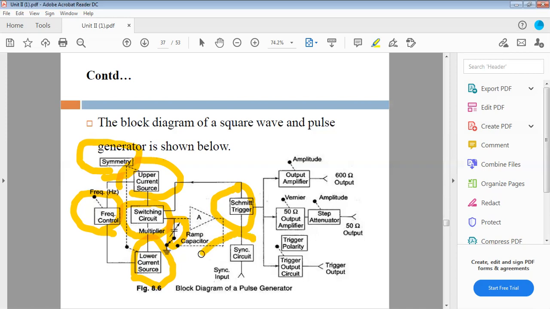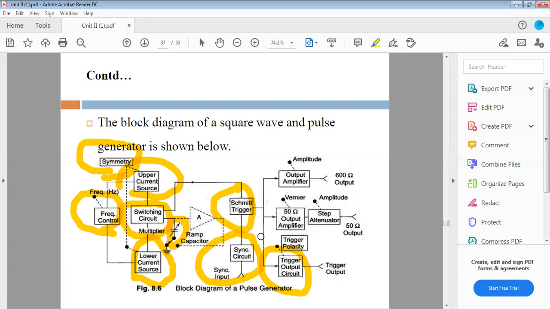Next, we have a sync circuit. This sync circuit is used to provide synchronization with external signals. When we apply external signals for synchronization, they produce the trigger output and pulses are generated. Whenever we are not using the sync circuit, the instrument acts as a free-running generator.